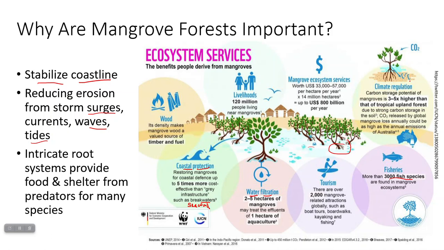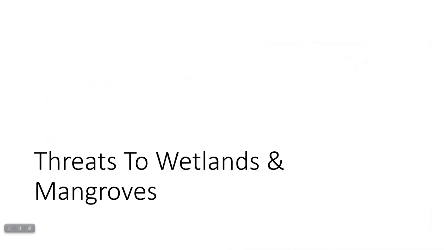And another important thing, they are carbon sinks. So they absorb carbon and then they keep it in their super complicated root systems, which can then end up releasing carbon into the soil so that it's not going to go into the air instead. Unfortunately, with a lot of mangroves being cleared, none of these ecosystem services are going to happen in those areas.